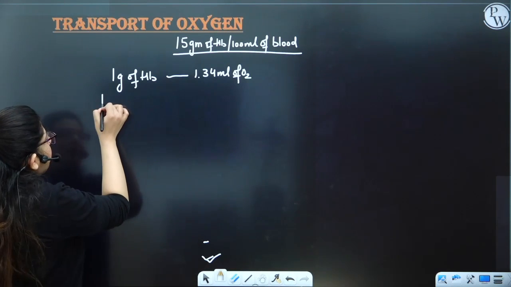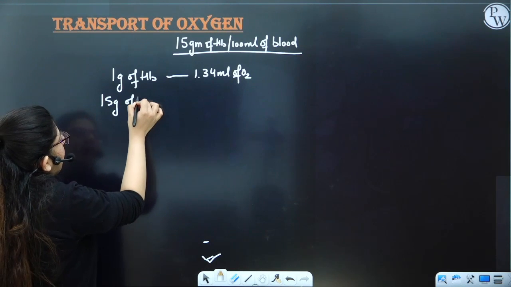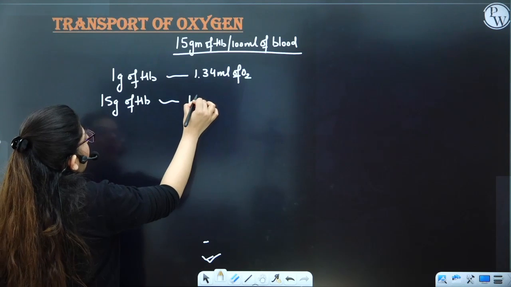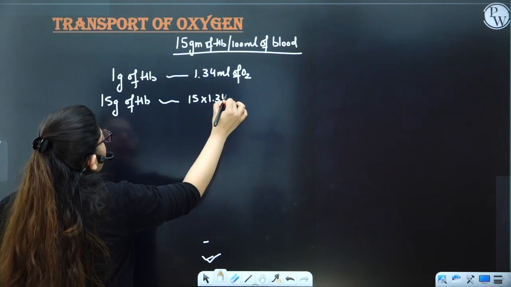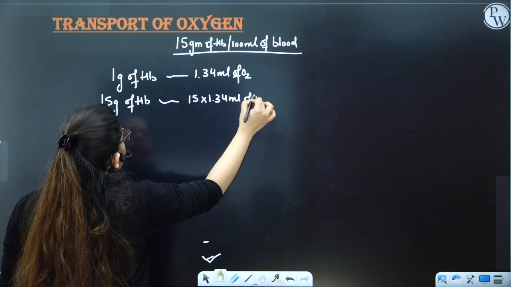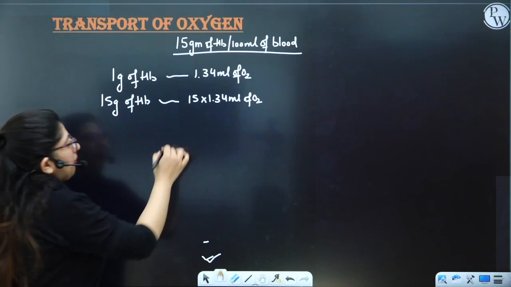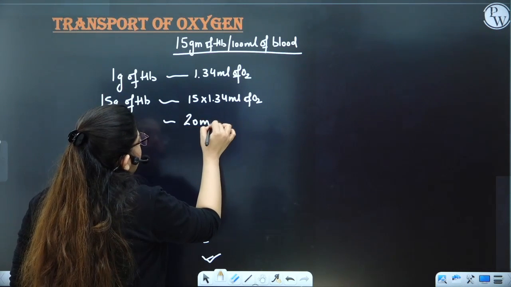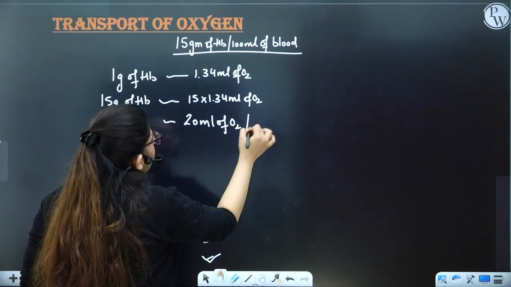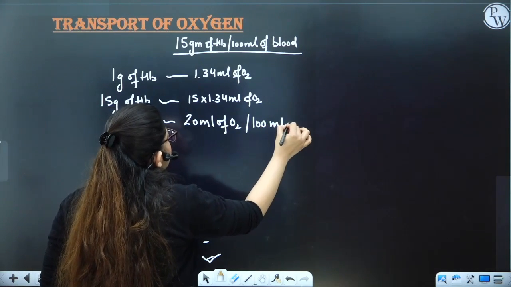So how much oxygen will 15 gram of hemoglobin be carrying? When you multiply it, it will be approximately 20 ml of oxygen per 100 ml of which blood now?